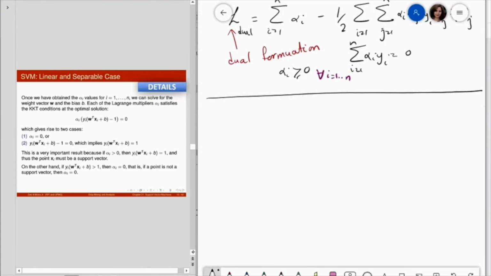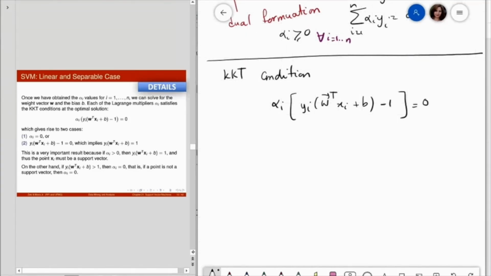So the KKT condition is saying that alpha i yi (w transpose xi plus b) minus 1 is equal to 0. Okay, so if I have this equal to 0, alpha i is a scalar, right? yi (w transpose xi plus b) minus 1 is also a scalar.